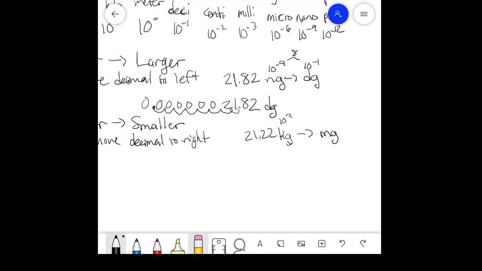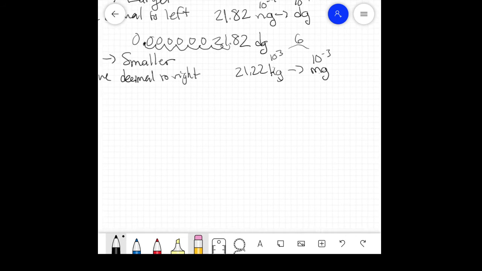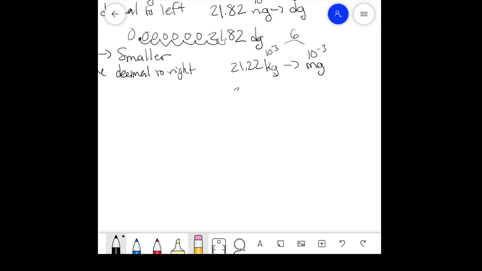Kilograms is 10 to the 3rd, milli is 10 to the negative 3. The difference between these is 6 places on our chart, because you have to go 1, 2, 3, 4, 5, 6. So we're going to move this decimal 6 places to the right. Oops, I went way too many. 1, 2, 3, 4, 5, 6. Yeah, that's where the decimal place goes. Fill in all the little loops with zeros. And that's how many milligrams you have.